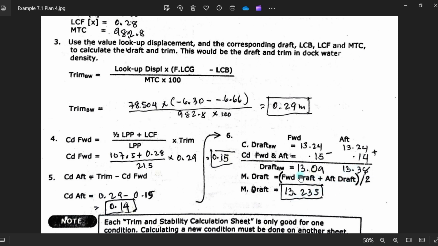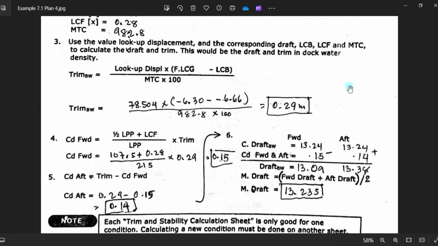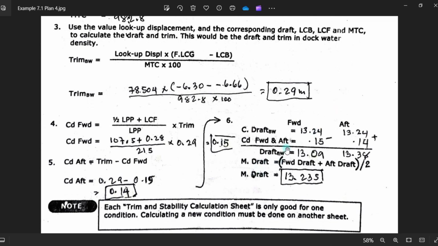The main draft of 13.09 forward and 13.38 aft will be 13.235. So this will be the formula if you want to know the final drop forward and aft.